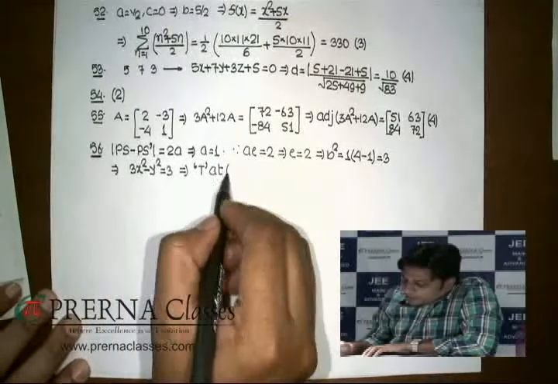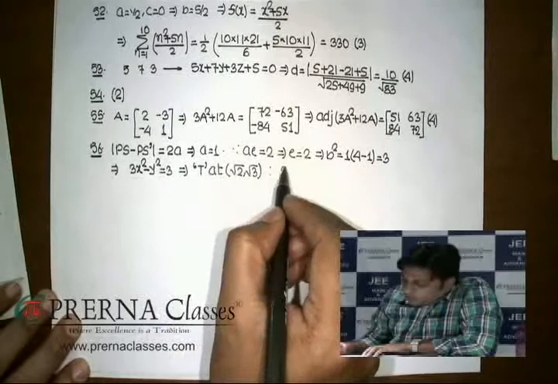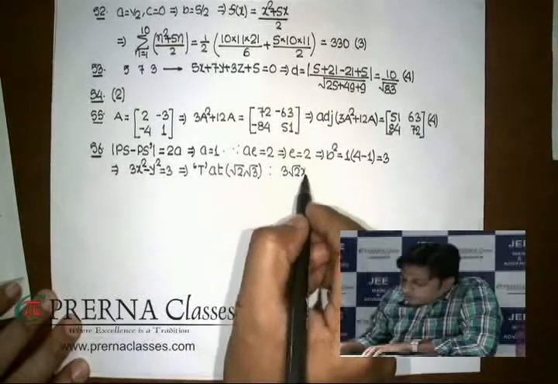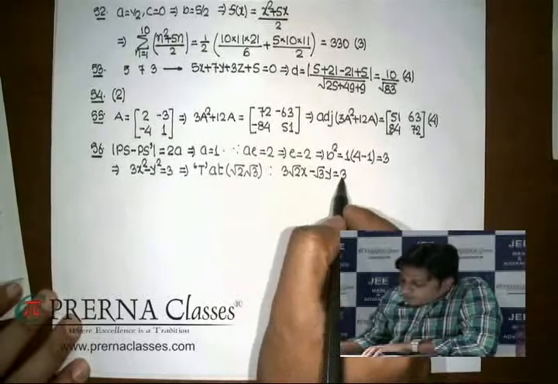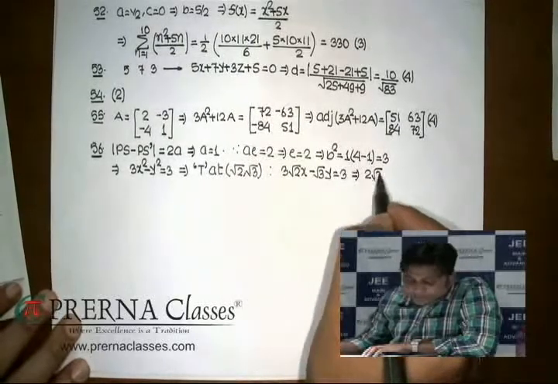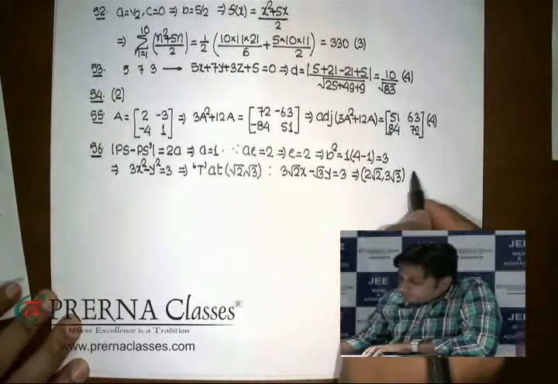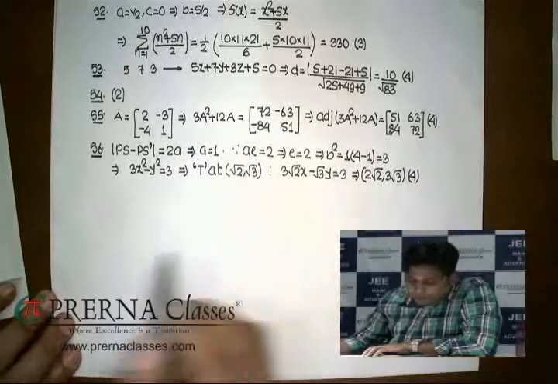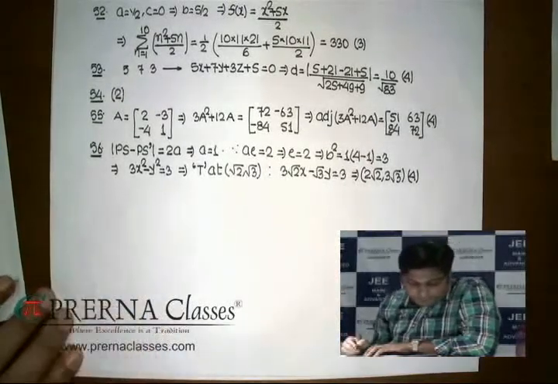What that implies is the equation of tangent at root 2 comma root 3 is going to be 3 root 2x minus root 3y equals 3, which clearly passes through the point 2 root 2 comma 3 root 3. Option 4 is then going to be the correct answer for this question.